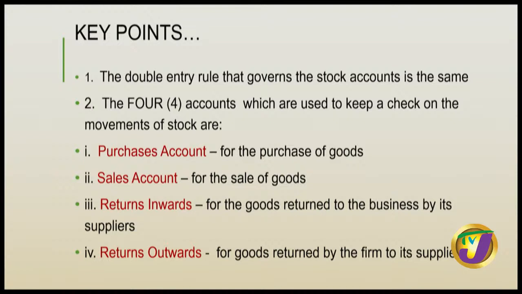Purchase of goods. 2, sales account for the what? Sales of goods. 3, returns inwards account for the what? For goods returned to the business by customers. Returns outwards for goods returned by the firm to its what? Suppliers.